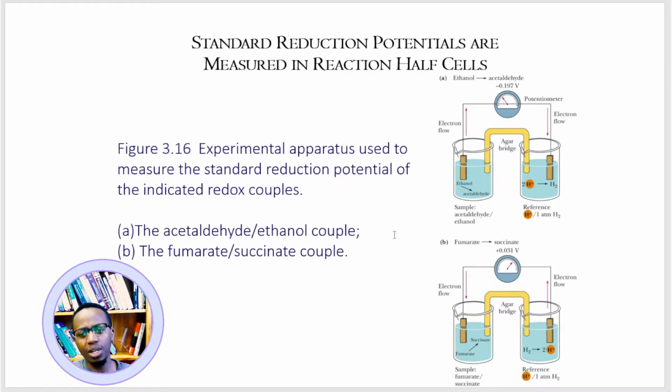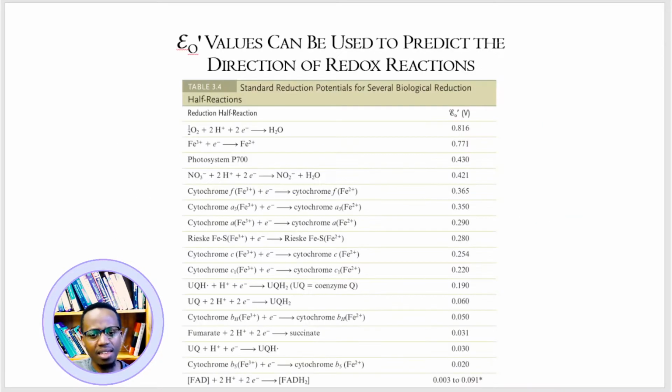This is an example that we do in the lab where you can use a system where you have acetaldehyde and ethanol, or even the fumarate and succinate couple. And this is because fumarate and succinate is a known redox reaction in the cell, right? There are other redox reactions in the cell. So I gave you some in the PowerPoint and in the book where these are examples of redox reactions.